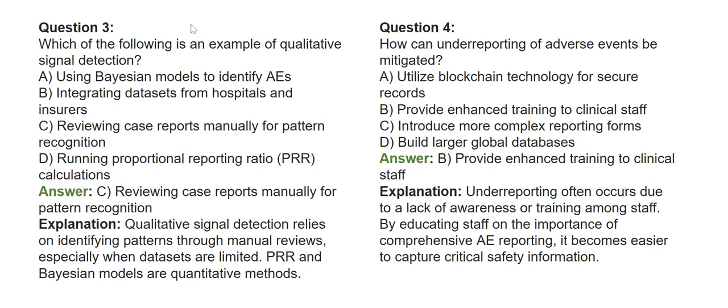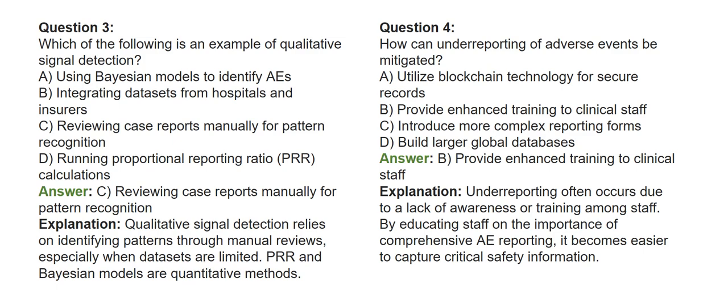Question 3. Which of the following is an example of qualitative signal detection? A, using Bayesian models to identify AEs; B, integrating datasets from hospitals and insurers; C, reviewing case reports manually for pattern recognition; or D, running proportional reporting ratio (PRR) calculations. So it is C, definitely. Why? Because of the difference between quantitative and qualitative signal detection.